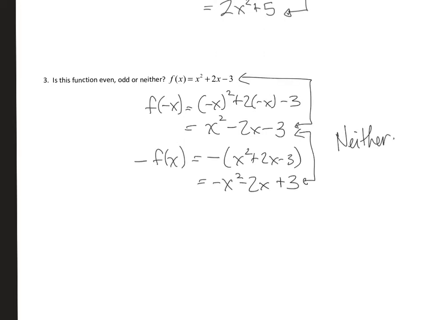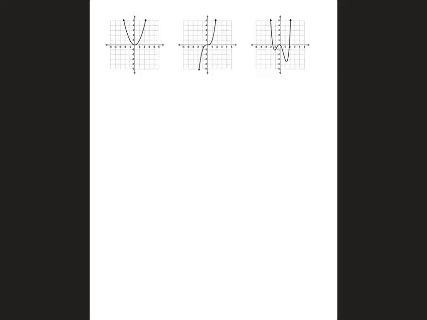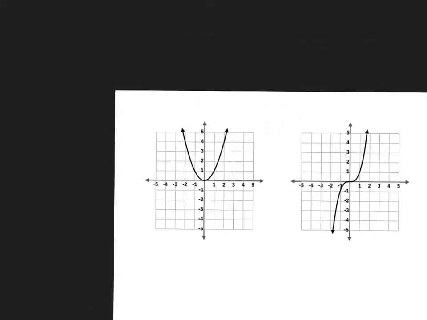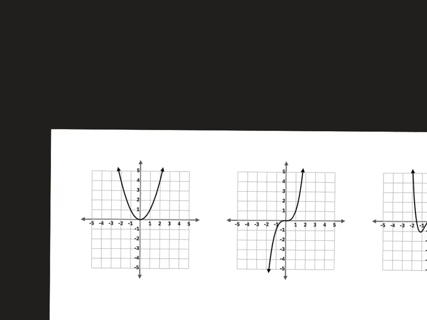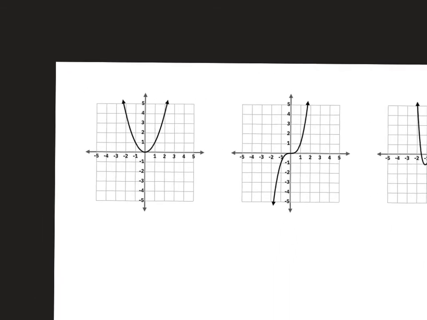All right, now you also have to be able to tell a graph, right? I'm going to show you one at a time. If I show you this first one, I haven't given you the equation. Maybe you can figure it out. But what's most important to know is if a function is even, it has symmetry about the y-axis.